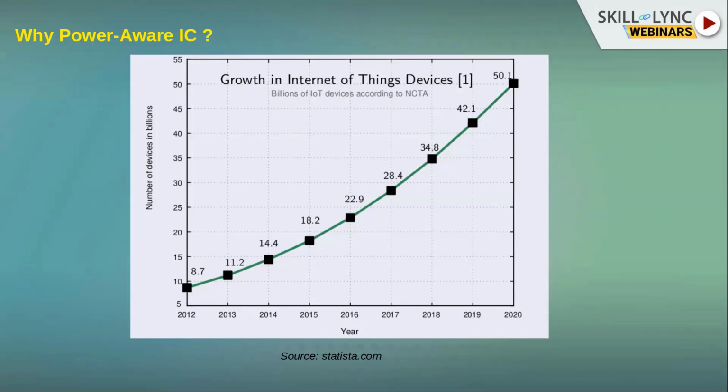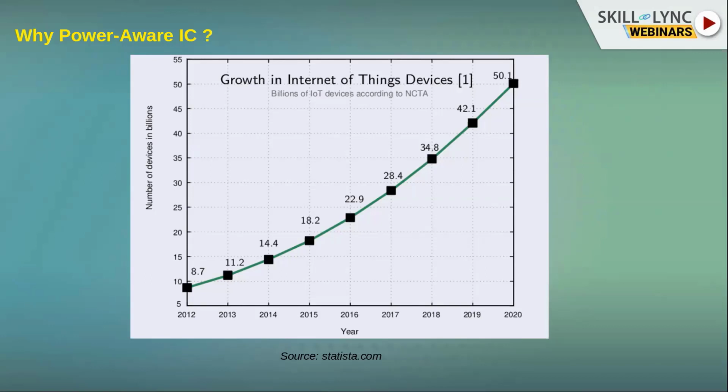I just want to make a point here that there is a difference between low power IC design and power aware IC design. In low power IC design, the goal is to minimize the power, even at the expense of having lesser performance. But in power aware IC design, we are not compromising on the performance.